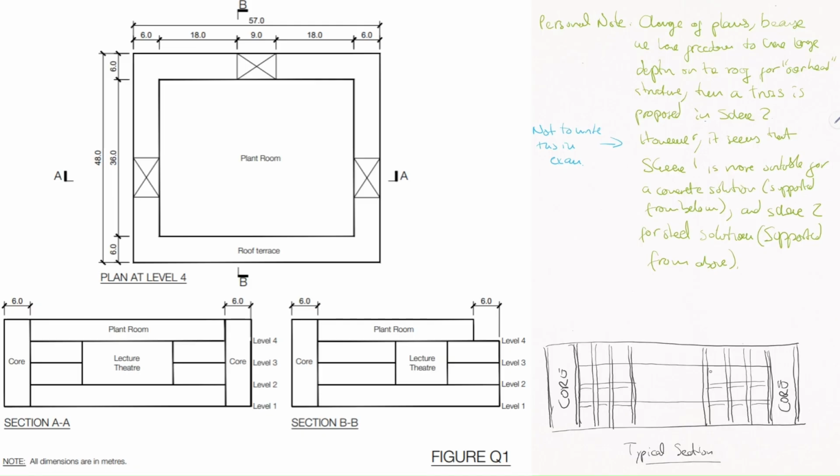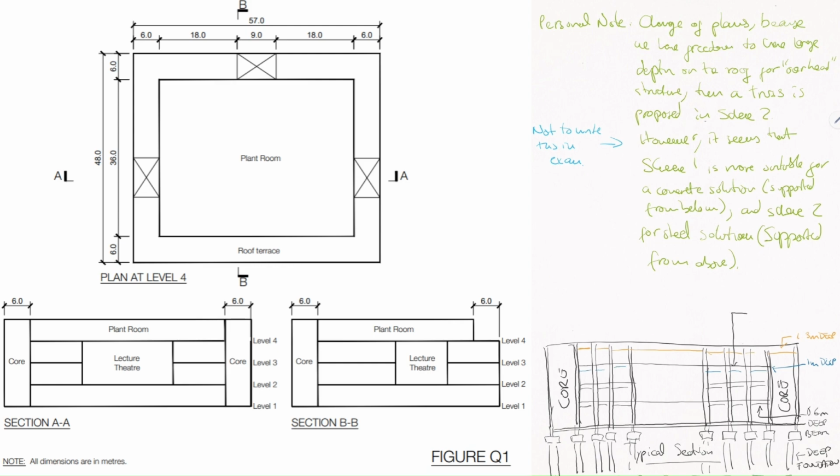Those 3 things are the material, the column arrangement, and the load path. If you have the material, the column arrangement, and the load path different in scheme 1 and scheme 2, they are going to be 2 absolutely different schemes.